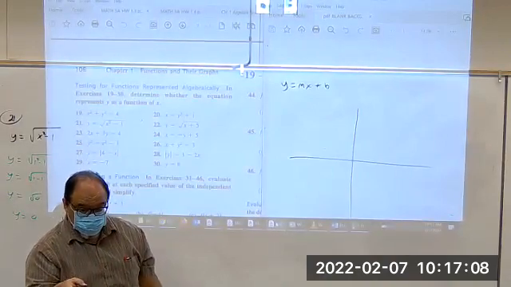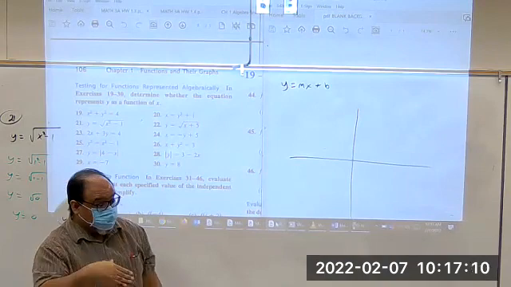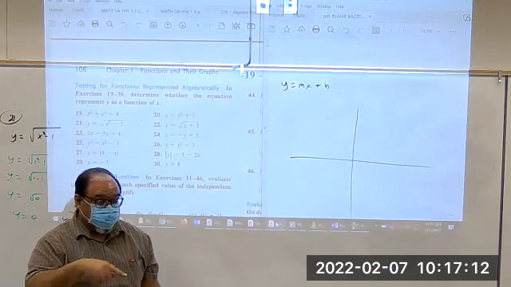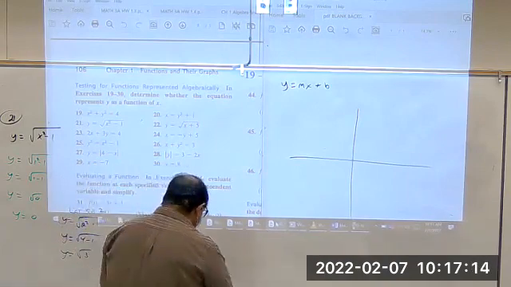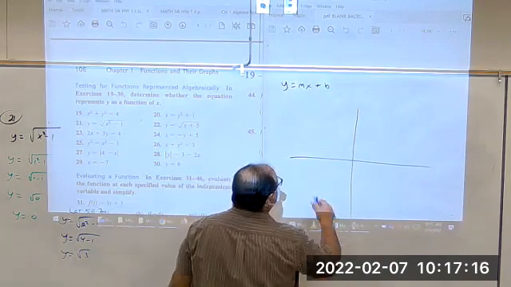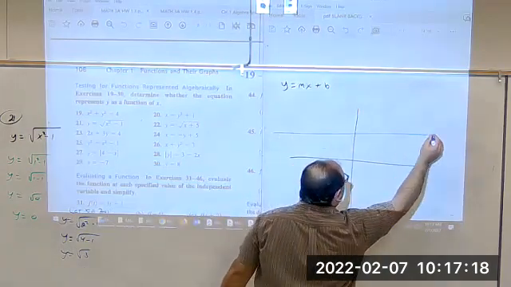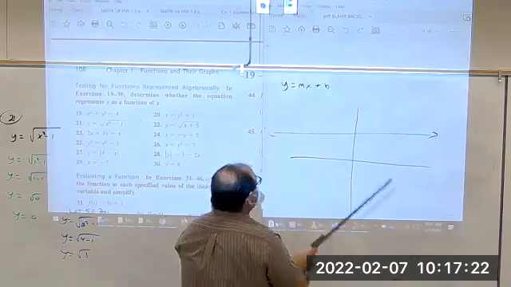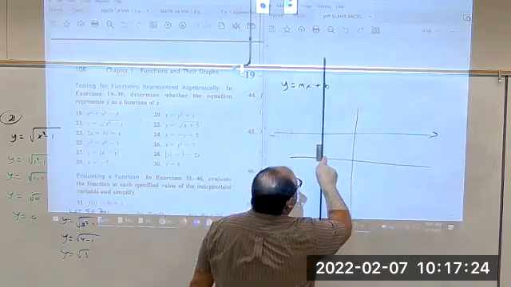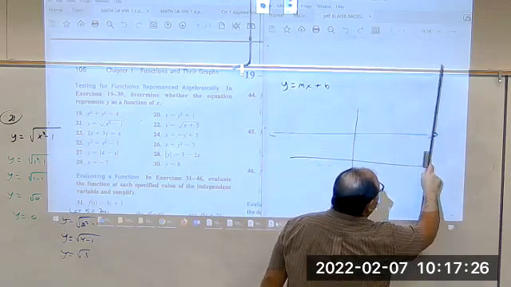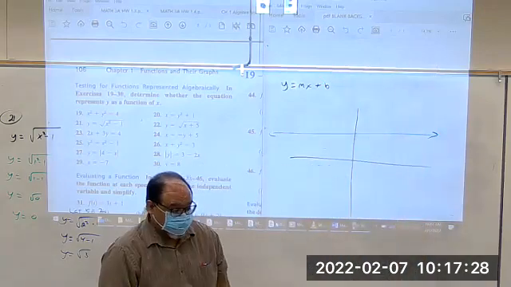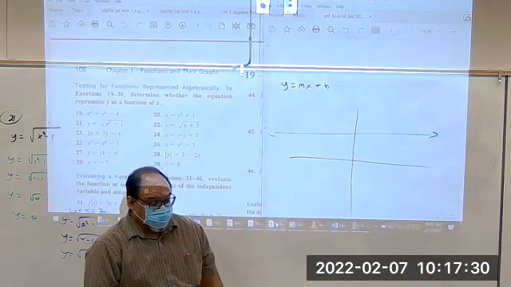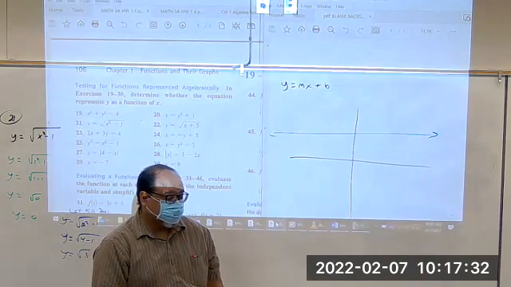So if you pass, you're a function. If you fail, you're not a function. So if you are horizontal, and we drag a vertical line across you, you're never going to get intersected in more than one place. There's no x that has 2 y's.